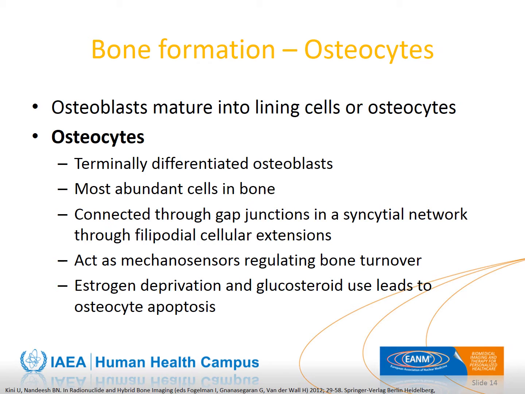Depending on the input they receive, osteocytes can suppress or activate bone formation through the upregulation of SOST, resulting in sclerostin production, which is an inhibitor of Wnt signaling. On a side note, estrogen deprivation and glucocorticoid use are detrimental to bone and promote osteocyte apoptosis.